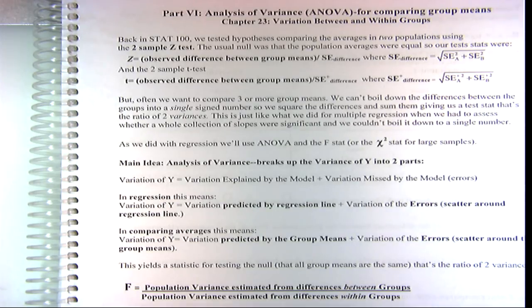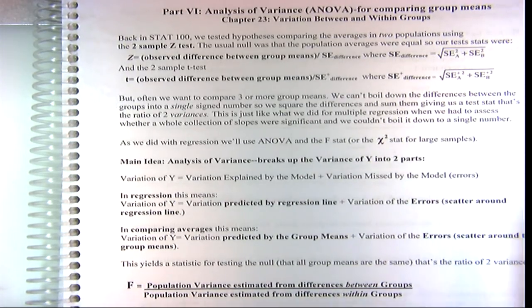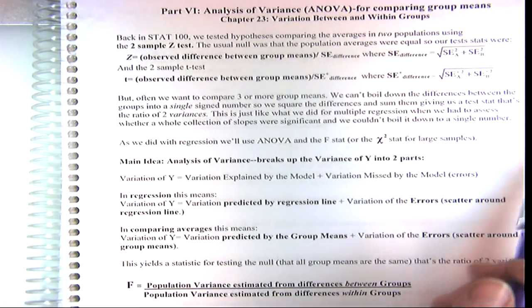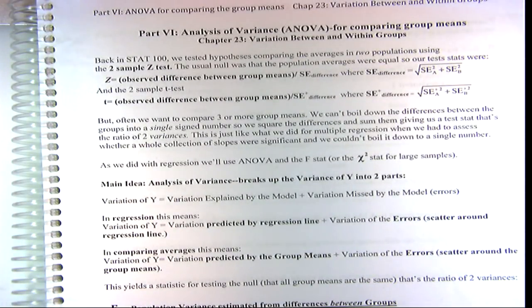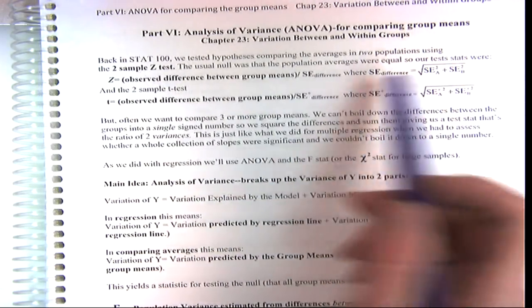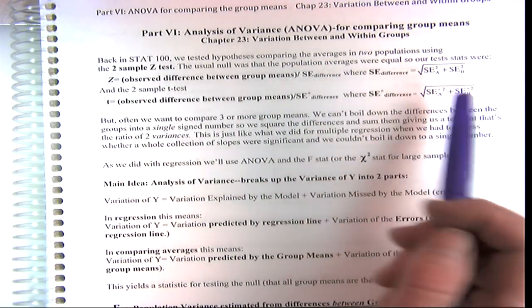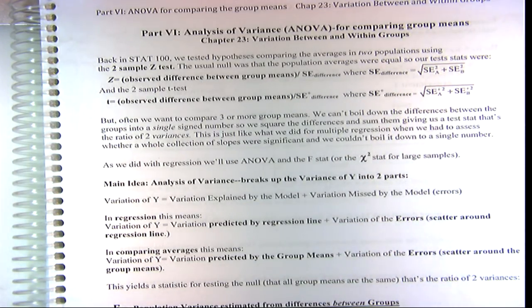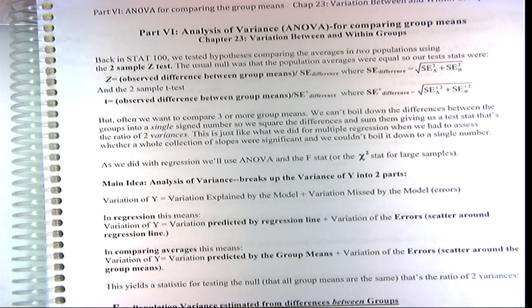All right, so analysis of variance. That's what we're going to be doing, and you're probably wondering, wait a sec, haven't we been doing analysis of variance all along? Well, yes, we have been doing analysis of variance, that procedure of dividing the variation of the y variables into two parts. One that's explained by the model and the other that's left in the errors.